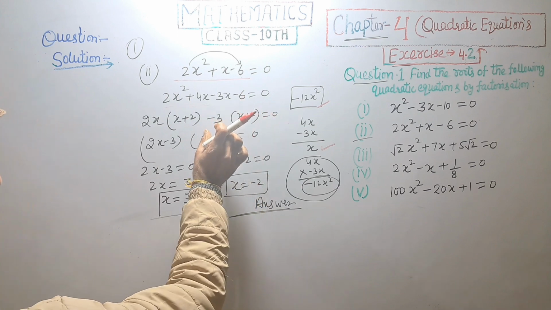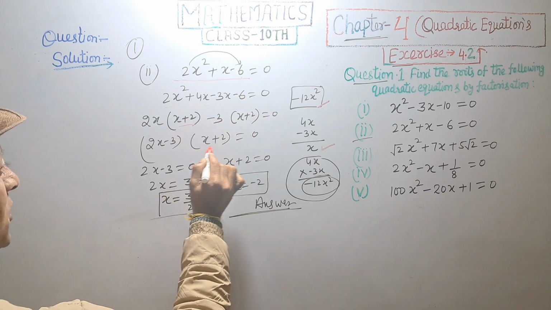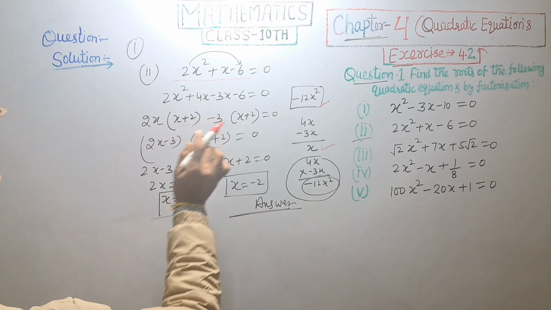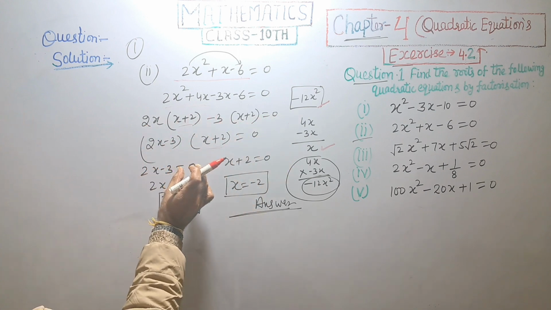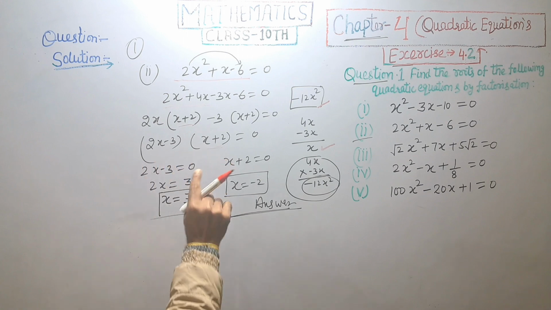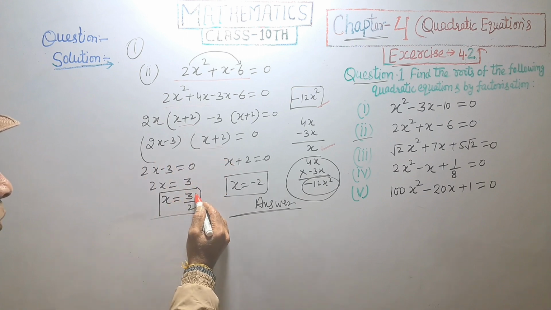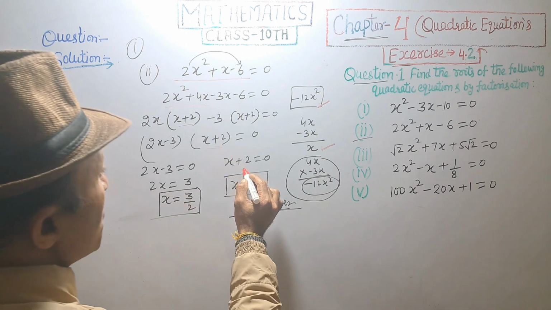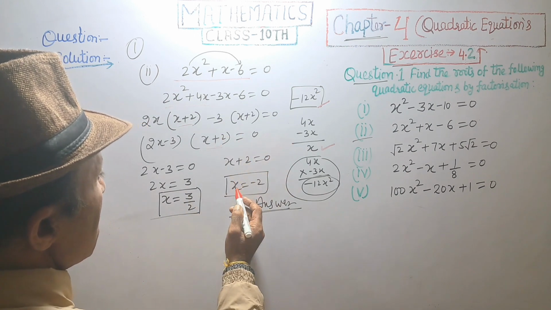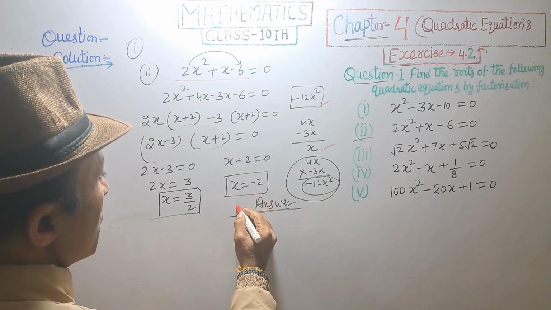So 1 times x plus 2 and 2x minus 3 is equal to 0. 2x minus 3 equal to 0 means 2x equal to positive 3 and x equal to positive 3 divided by 2. And x plus 2 is equal to 0, then x equal to minus 2.